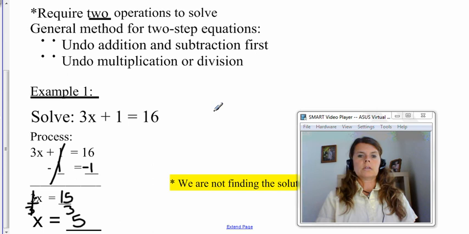Now, it's good practice to say, okay, I solved it, I found out what my x is equal to. Let's check it. Let's plug it back in. 3 times 5 plus 1. Does this equal 16? I'm sorry, I don't have my USB pen yet. When that happens, or my slate, hopefully it'll be neater.